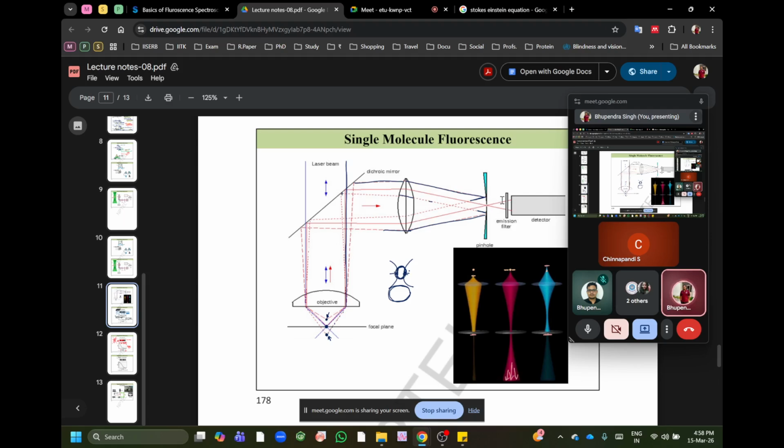So that is why it is only passing rays which are on the focal plane. Okay, so I hope this question is okay.